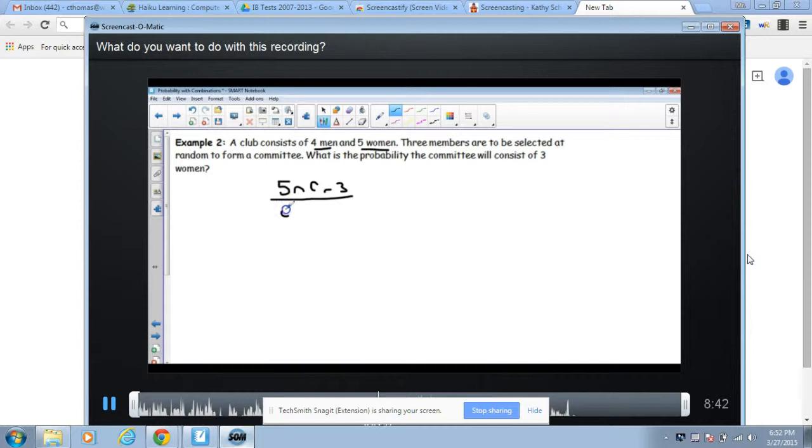So that would be 9 total people, choose 3 of them. And that's 0.119. If you plug it in, this is 10, and this is 84.